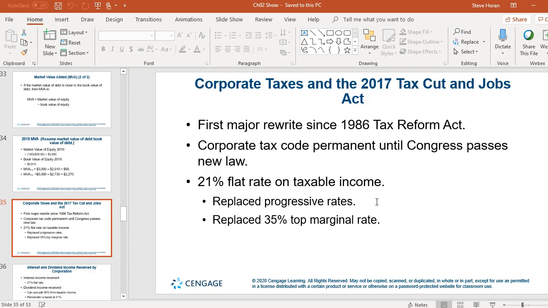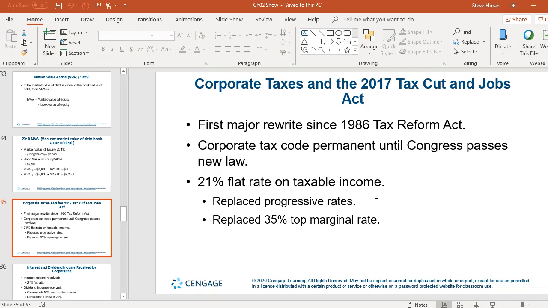The last part of the chapter talks about taxes, and I would imagine everybody's aware that back in December of 2017, a new tax law was passed. In fact, it was the first major comprehensive tax reform since 1986. So 31 years later. What happens with tax law is every so often, like every 30 years, you have some major revision, and then you have smaller incremental revisions after that.